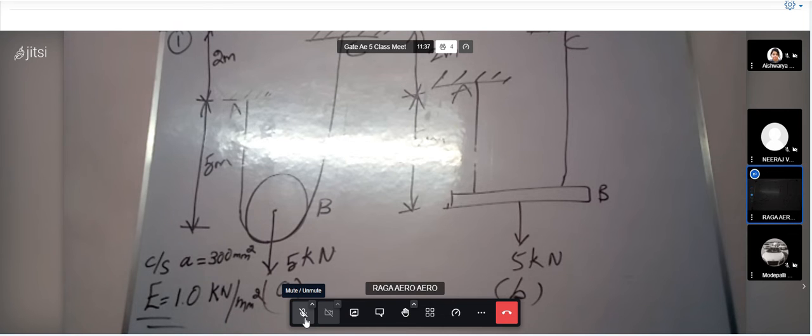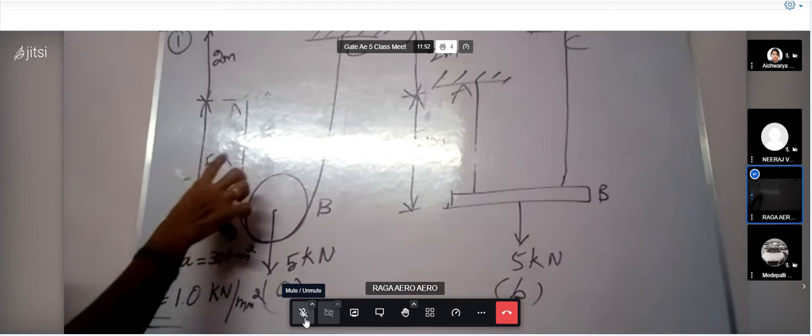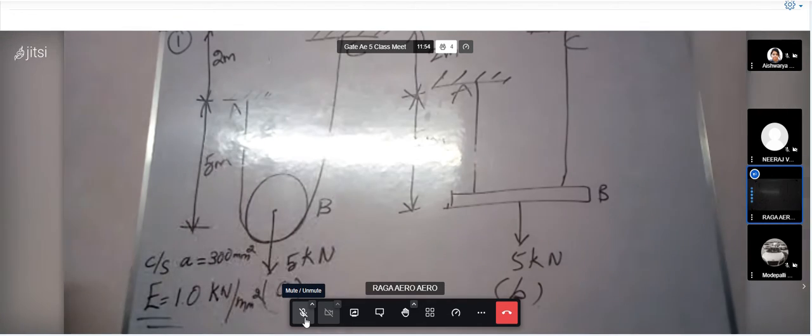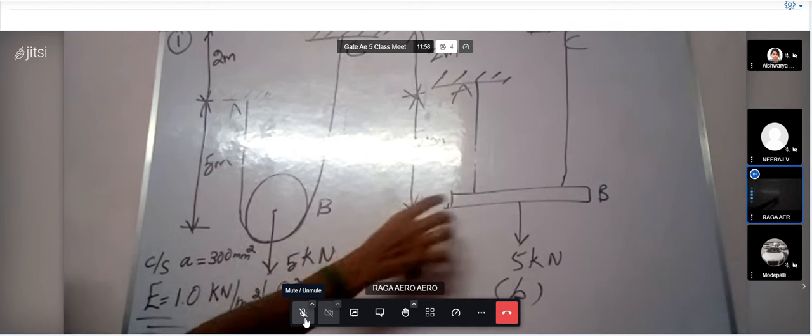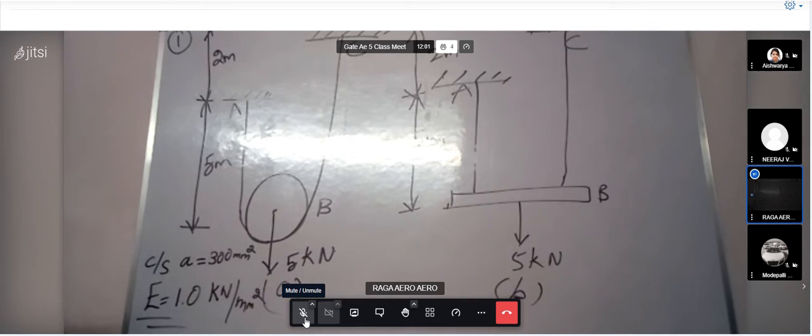Determine for both cases the stresses in the rope and the deflection del L of the pulley as well as the block due to the load.